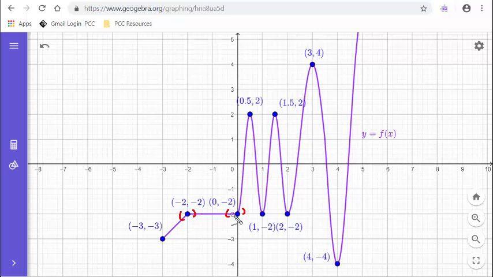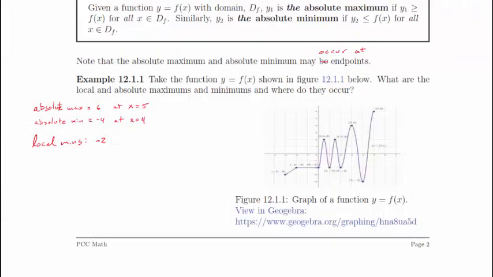So we can say that -2 is a local minimum at 0, but we cannot say that -2 is a local minimum at -2. So as I want to go ahead and say where this occurs, I say that we have a local minimum of -2. I don't want to say at, I want to say on the interval -2 to 0, not including -2, but including 0.